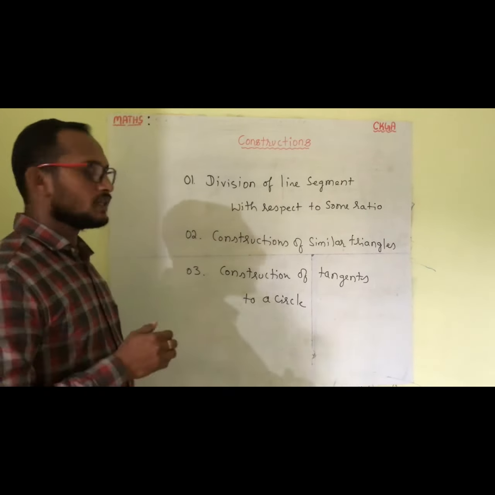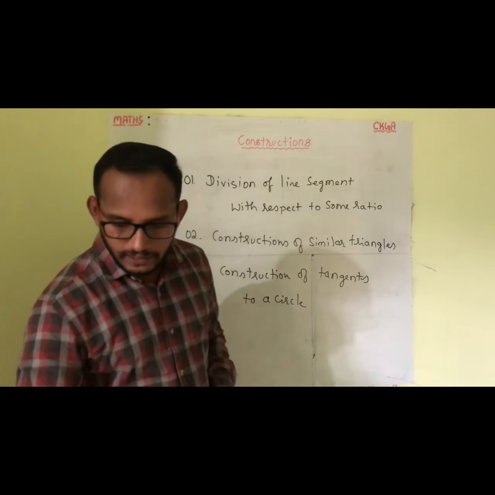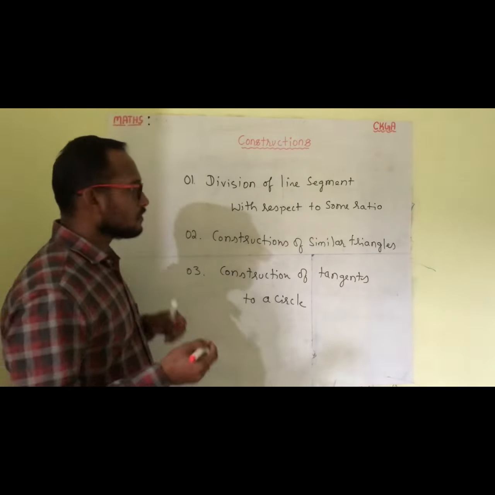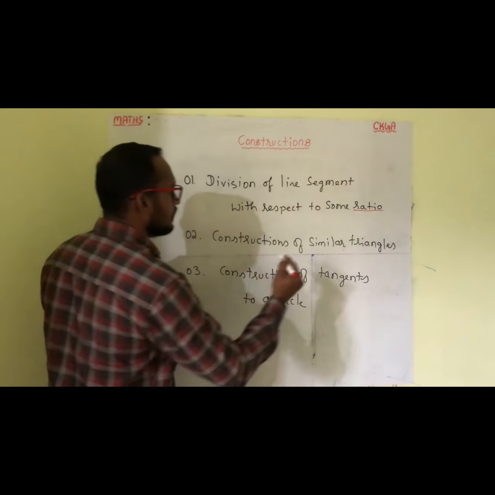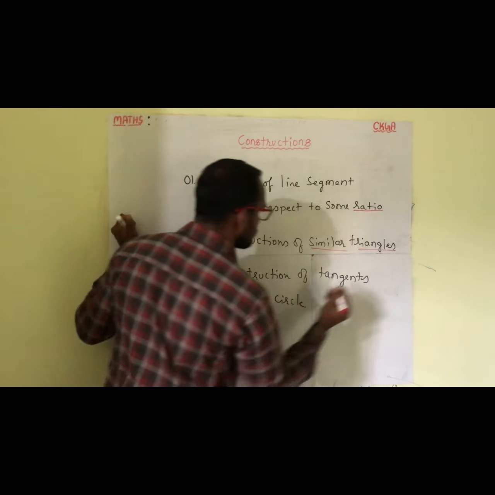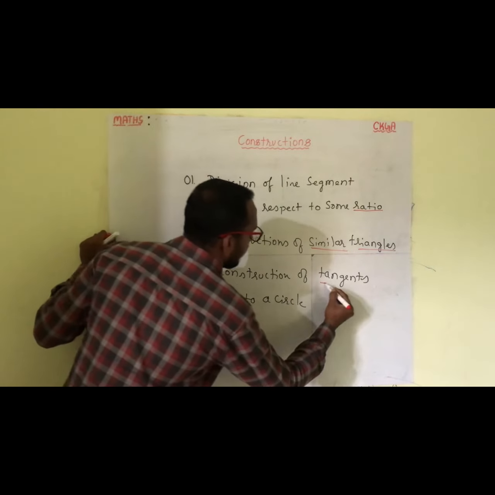Please note these ideas. First, division of a line segment with respect to some ratios, then construction of similar triangles, and constructions of tangents. The three major keywords I am going to highlight are ratio, similar triangles, and tangents.